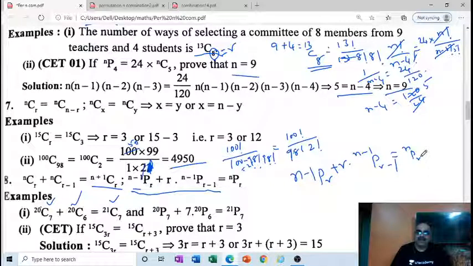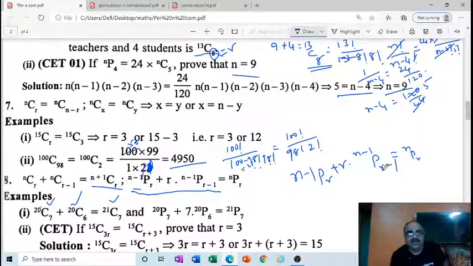n minus 1 Pr plus r into n minus 1 Pr minus 1 equals nPr. Hope this concept is clear. I have an example here. 20P7, 20 is n minus 1. 20P7 plus 7 into 20P6, n minus 1 Pr minus 1, equals 21P7.